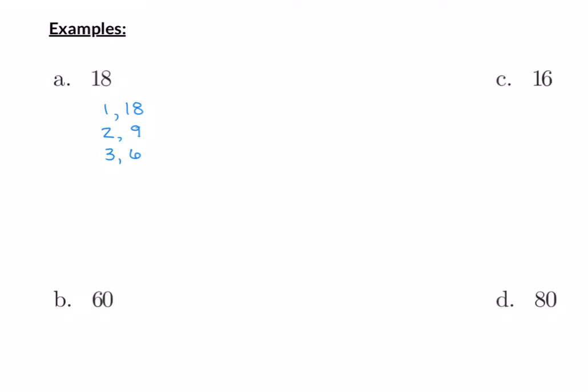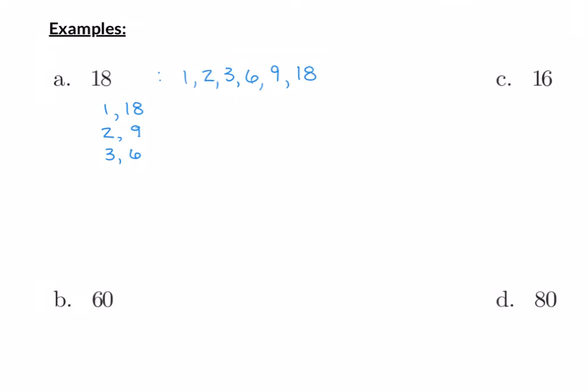Is it divisible by 6? Yes, it is. And note that 6 is already on our list, so we have all of the factors. So our factors for 18 are 1, 2, 3, 6, 9, and 18.